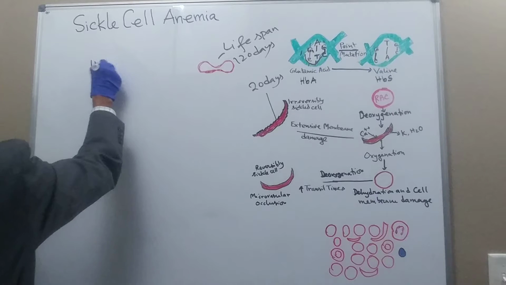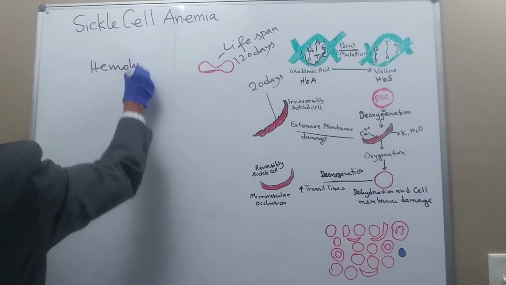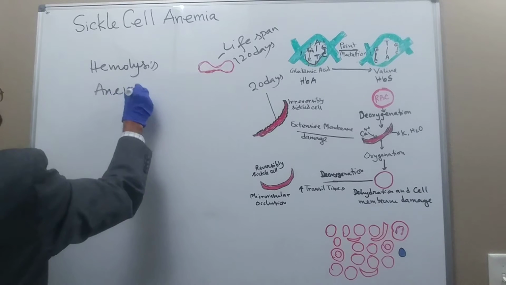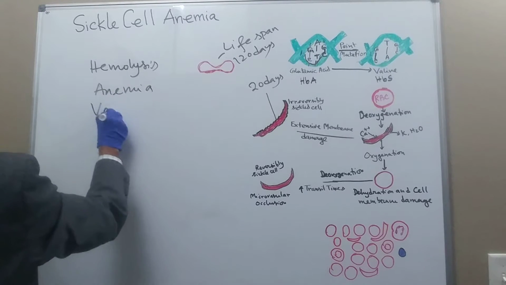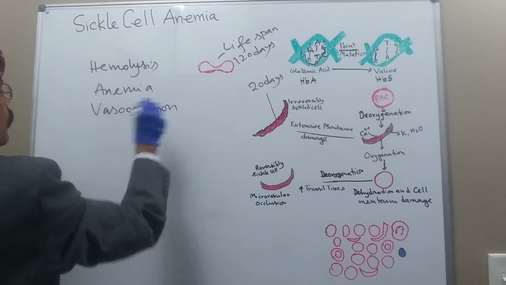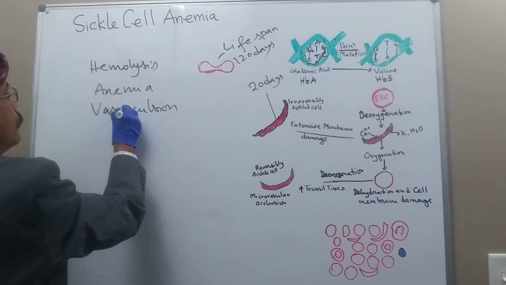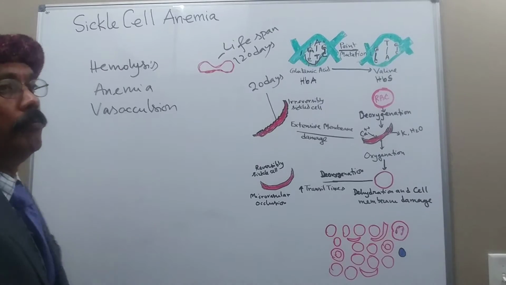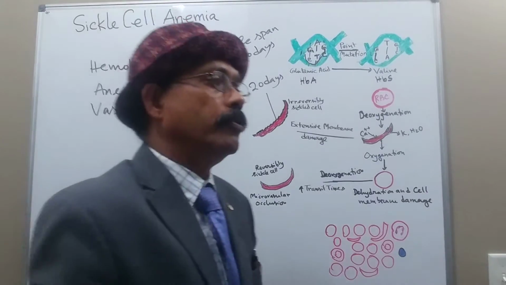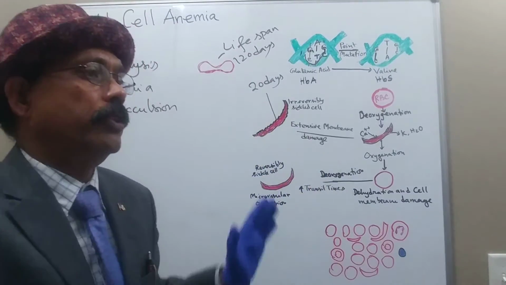Okay, so there will be hemolysis, anemia, vaso-occlusion. So we have many problems with sickle cell anemia. This is the pathogenesis.